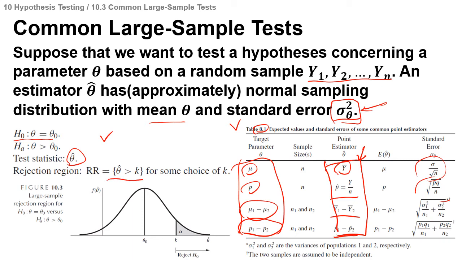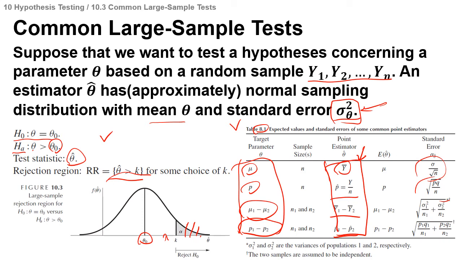Since the alternative is that theta is greater than theta 0, if our observation is very large, it would favor the alternative hypothesis. So the rejection region is this side.